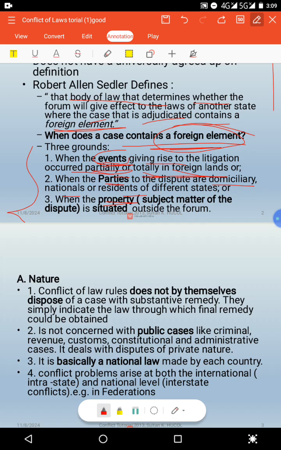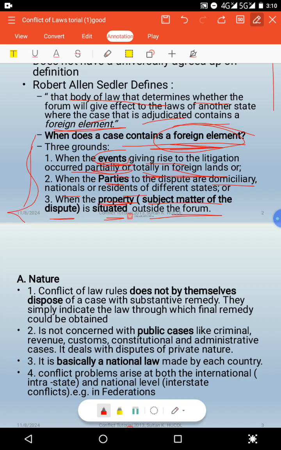The third one is the property, or the subject matter of the dispute. You will see the name property changed to subject matter of the dispute. If the property or the thing that you are disputing over is situated outside of the forum, then this will contain the foreign element.